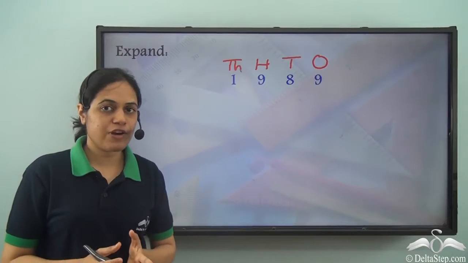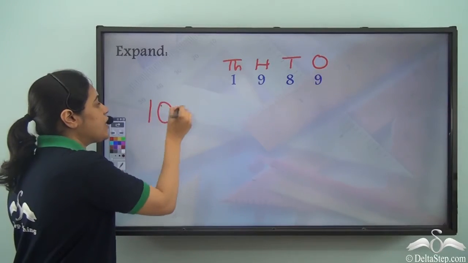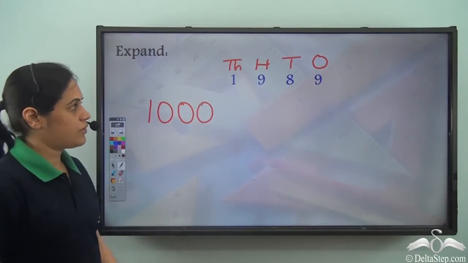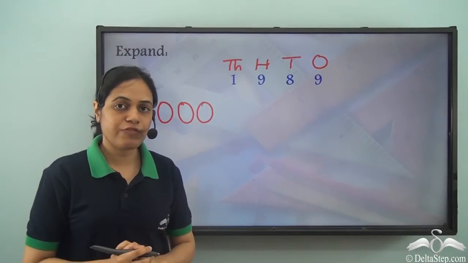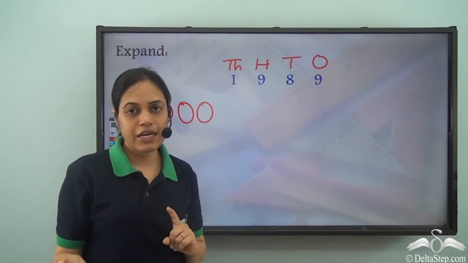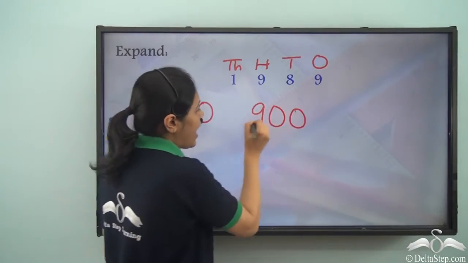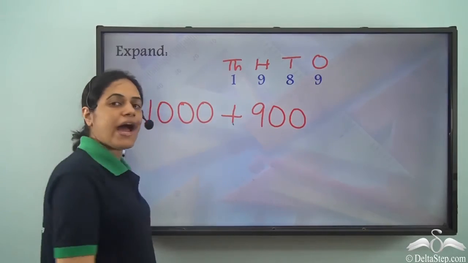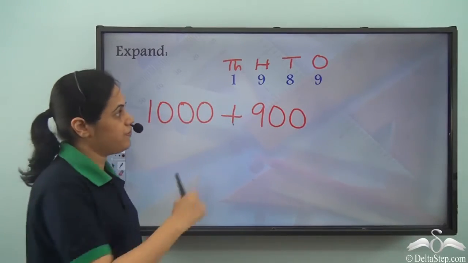So, the place value of 1 will be 1 into 1000, that is 1000. 9 is in the hundreds place. So, the place value of 9 will be 9 into 100, that is 900. And I need to add the different place values. So, I put an addition symbol.